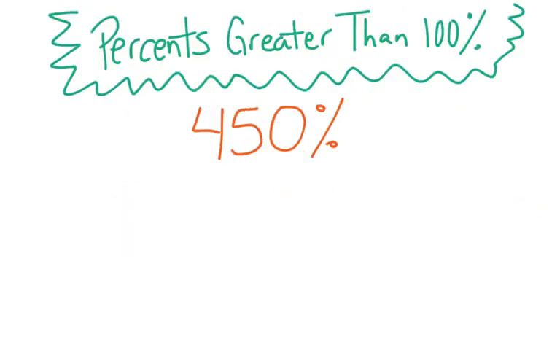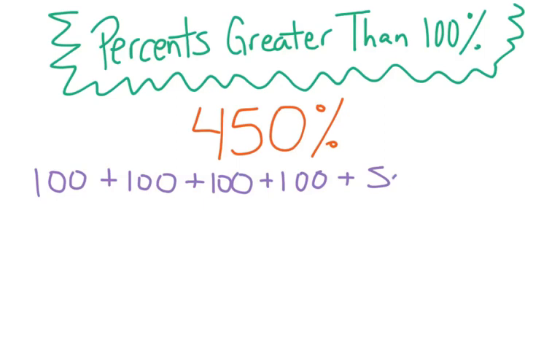Sometimes we can see a percent that is greater than 100%. And if I want to turn it into a fraction, it's actually going to be a mixed number, because every full set of 100% is like having a whole number. So if I broke 450% up here, that's really like saying 100 plus 100 plus 100 plus 100 plus 50%. So every single full 100 counts as a whole number.